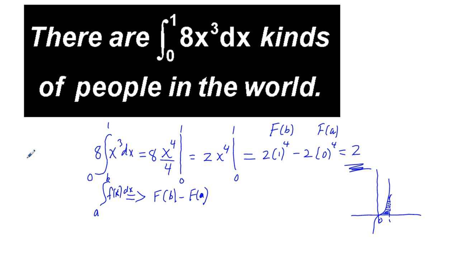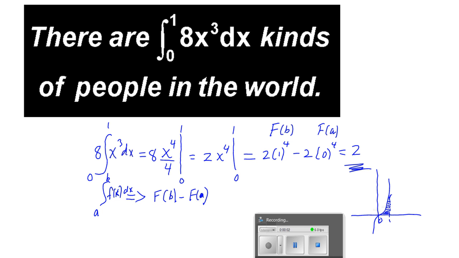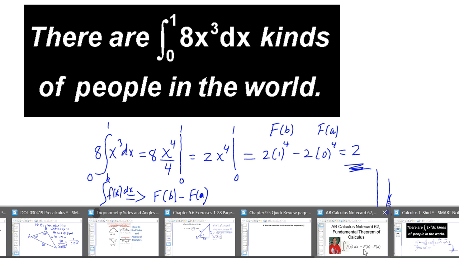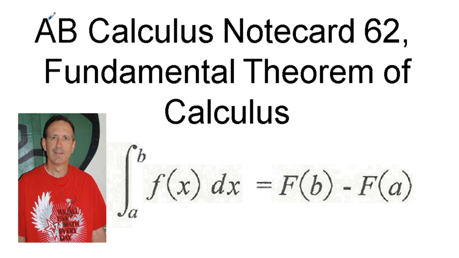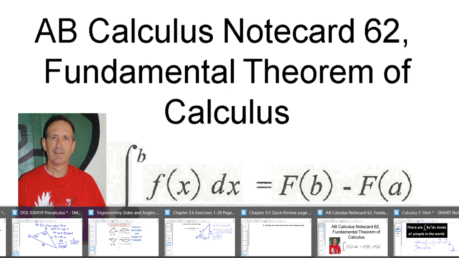So that's what it looks like. One thing I highly recommend that you take a look at is a video I recently completed in my note card series, AB Calculus Note Card 62, which goes over in more detail the fundamental theorem of calculus. You can access that quite easily.